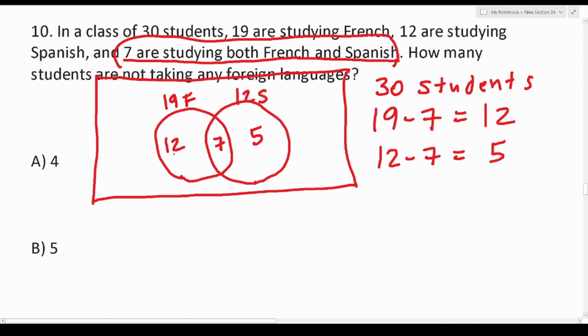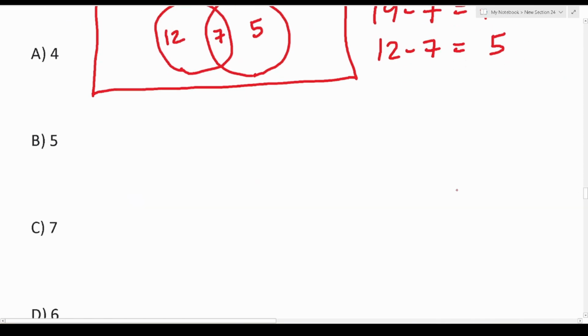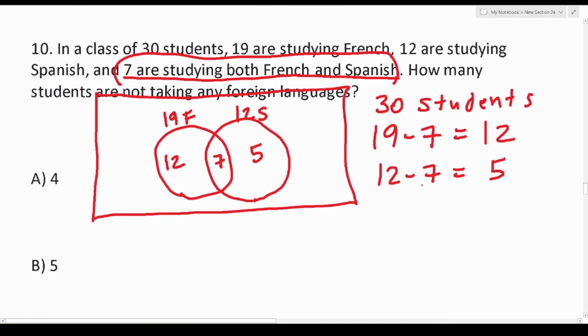And what this box on the outside represents is the number of students not taking any foreign language. So we have 12 only taking French, 7 taking French and Spanish, 5 only taking Spanish. Let's total that up. We have 12 plus 7 plus 5.